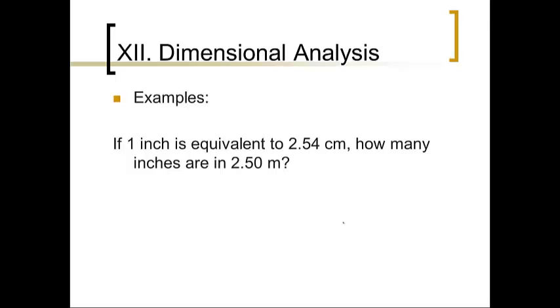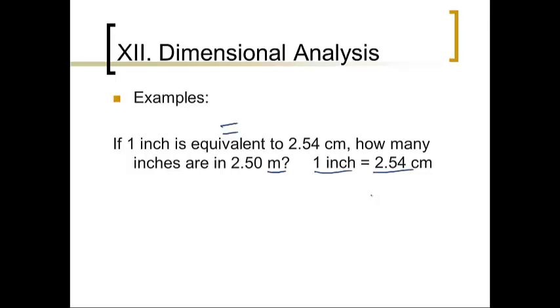1 inch is equivalent to 2.54 centimeters. How many inches are in 2.50 meters? So take a look. Equivalent means equals. So that's actually an equality that we have. 1 inch is equal to 2.54 centimeters. Don't use these numbers as your starting quantities.